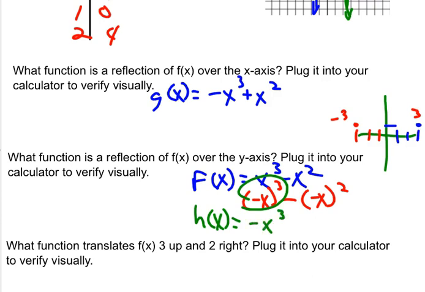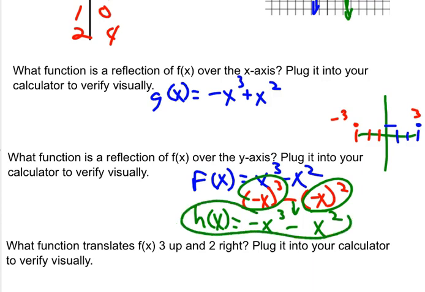And then my order of operations tells me to do this part next. What's (-x) squared? Well, it's 2 negatives, which makes a positive. So it's positive x squared, except there's a minus in between. So -x cubed minus x squared should be the function that reflects it in the y-axis.